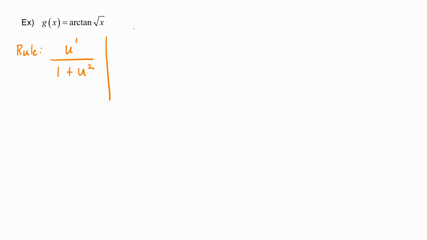So then g prime of x is going to equal, u prime here means we have to take the derivative of x to the 1/2, which would be 1/2 x to the negative 1/2 over 1 plus u squared in the denominator, so 1 plus radical x squared.